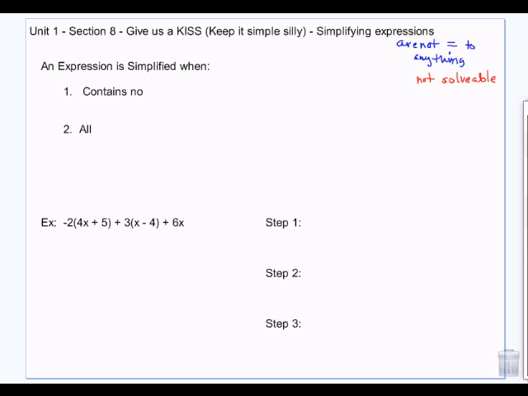So the first thing we want is, an expression is simplified when it contains no parentheses. It has no exponents on numbers. Now, it can have exponents on variables, but it doesn't have exponents on a number. So if there was a 3 squared, you would need to make that a 9.